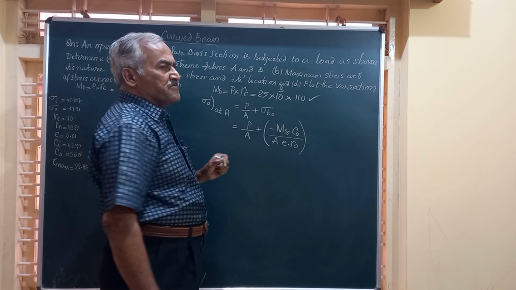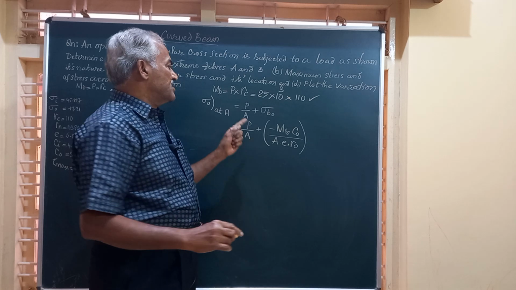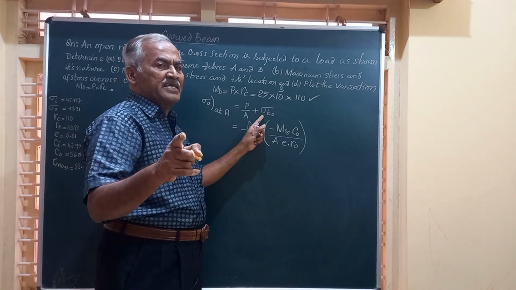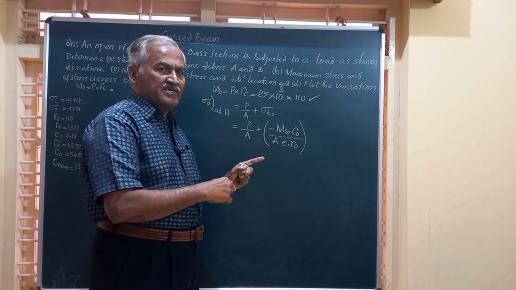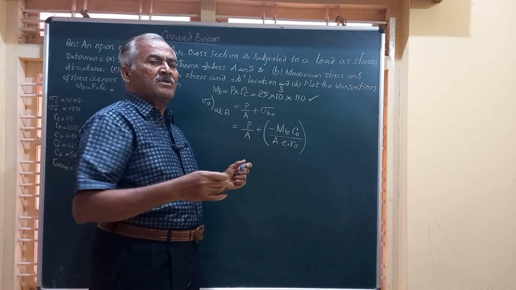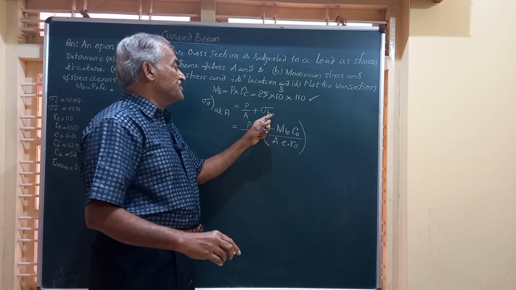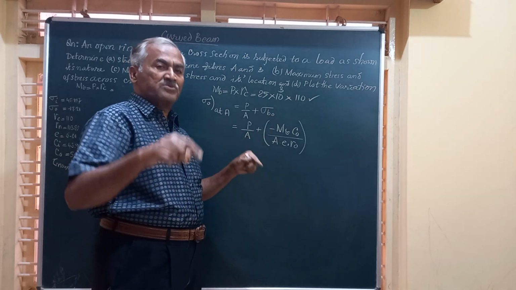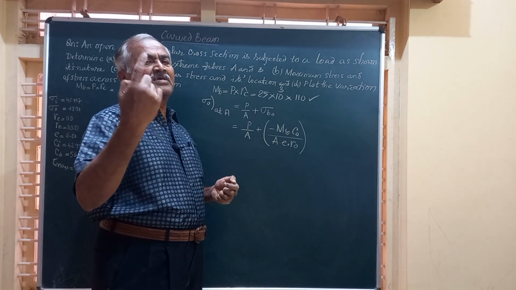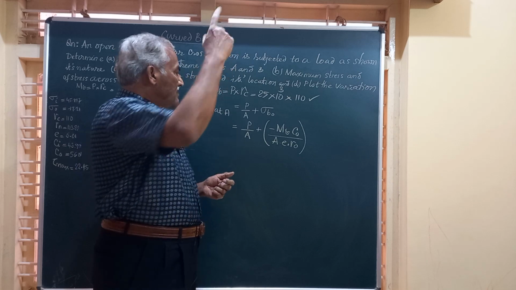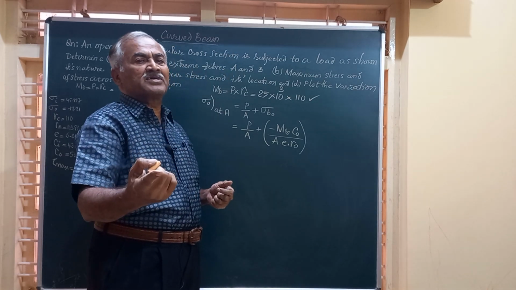So friends, if sigma Bi is positive, as in this case, sigma B naught will be negative. So that's why there is a minus sign here.